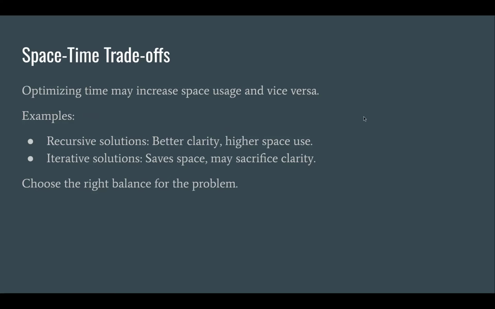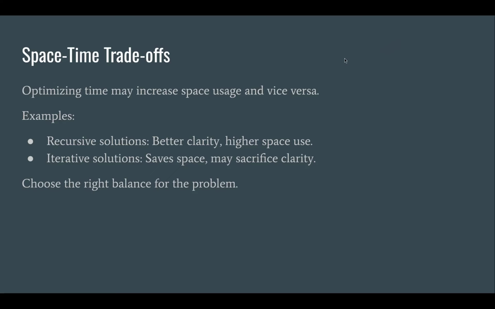Space-time trade-offs. Optimizing algorithms often involves a trade-off between time and space. Recursive algorithms might save time but use more memory for the call stack, and iterative algorithms might save memory but could be slower.